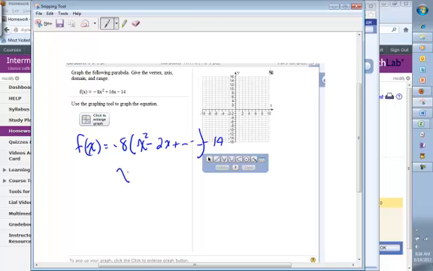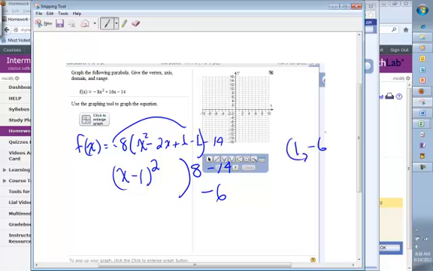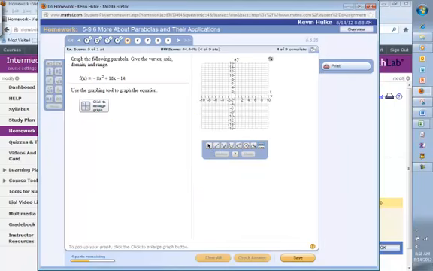Okay, so it's x minus 1 squared, put the 1 here and here, -1 times -8 is +8 outside the parentheses, minus 14 makes this -6. So our vertex is at 1, -6. It's open down because of the negative sign, and it's 8 times as fast.